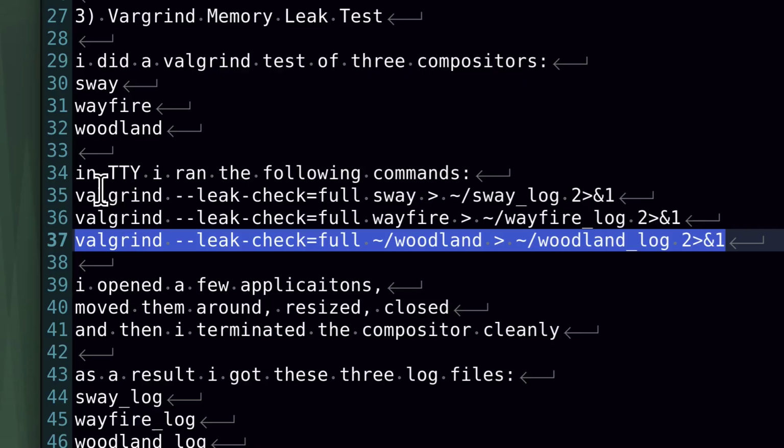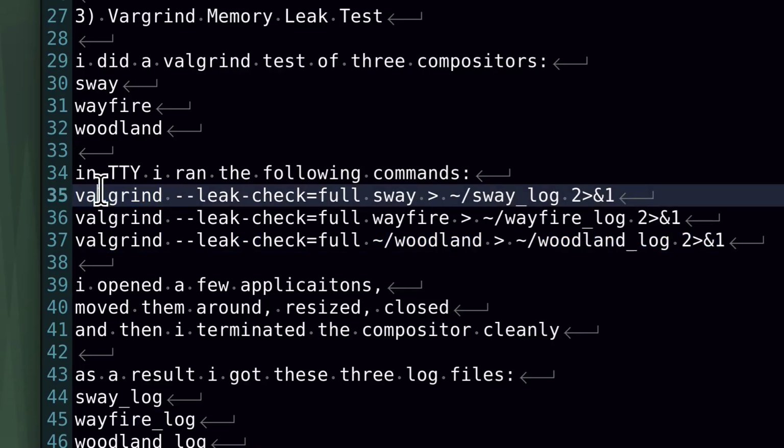So what do these commands do? You run Sway with Valgrind and dump all the results to the Sway log.